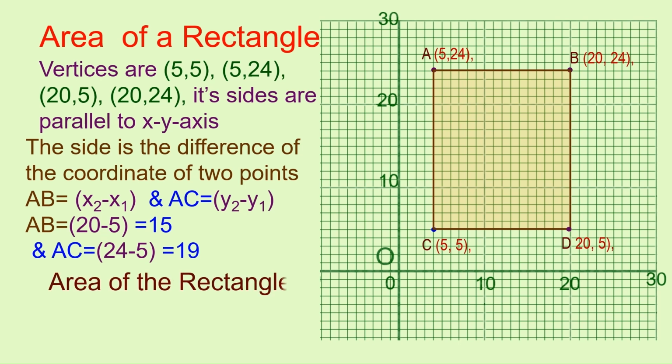Area of the rectangle equals AB times AC equals 15 times 19 equals 285.